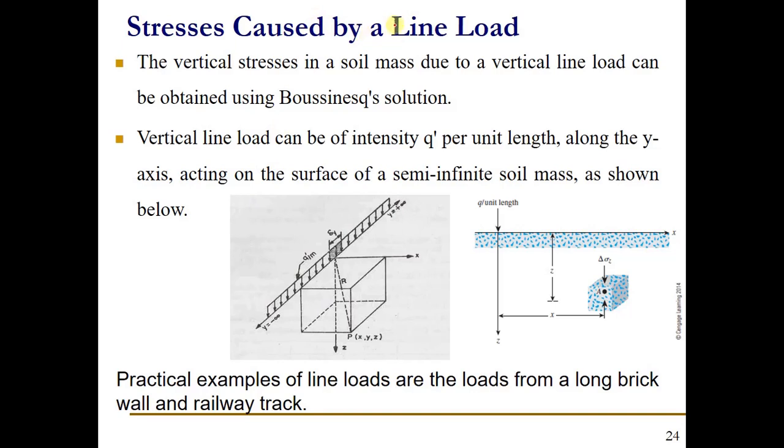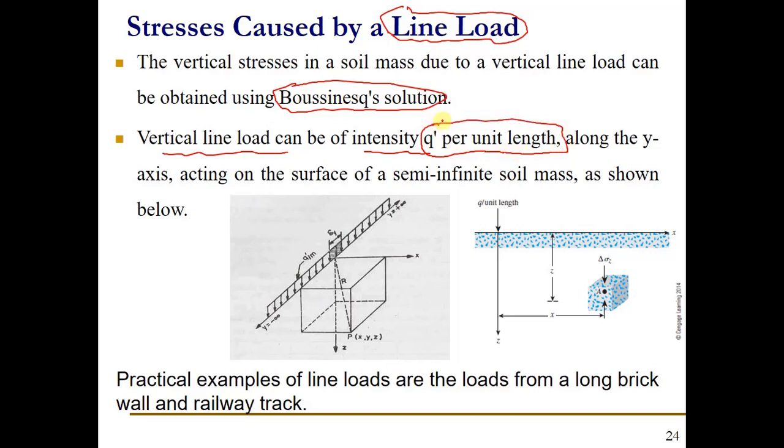Now, stresses caused by a line load. The vertical stresses in a soil mass due to a vertical line load can be obtained using the Boussinesq solution. The vertical line load can be of intensity q prime, which is per unit length along the y-axis.